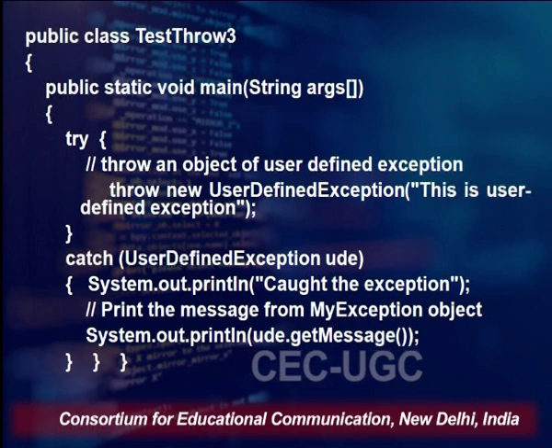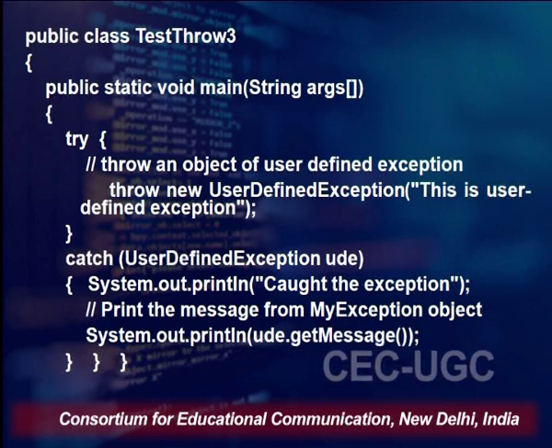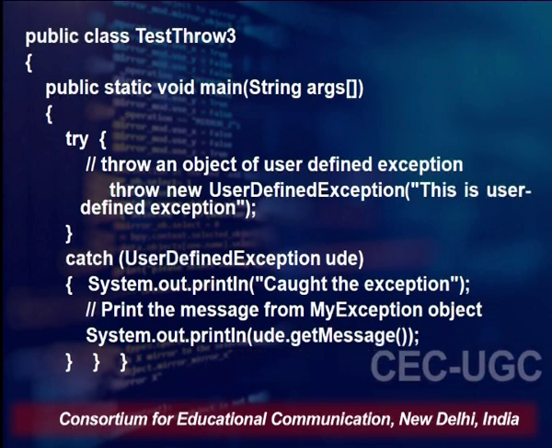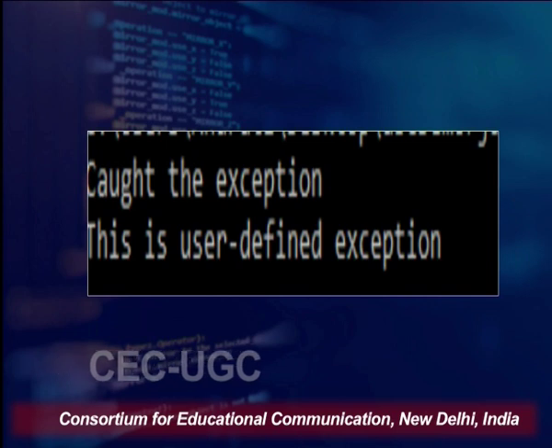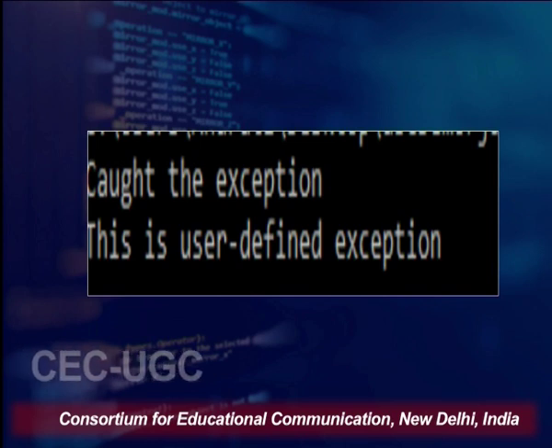To print that string, we have written System.out.println(UDE.getMessage()), where UDE is the name of the object of the class. getMessage here is a standard method attached with the exception class. So we are going to get the output as "caught the exception" and then "this is user defined exception". This will be the output when we run this program.